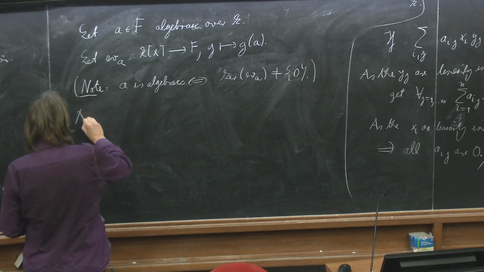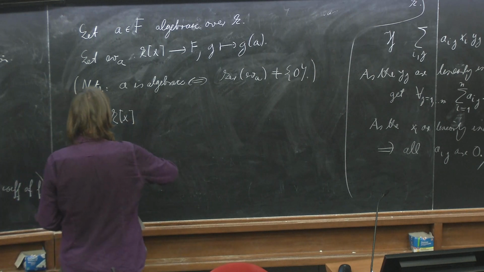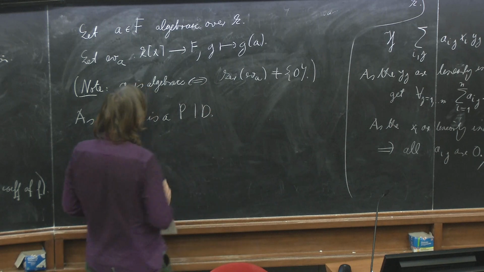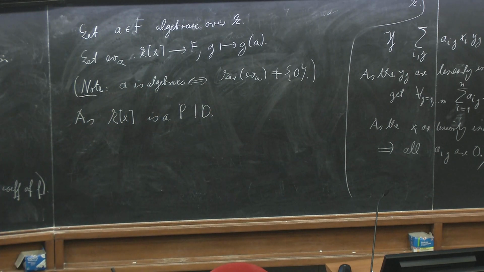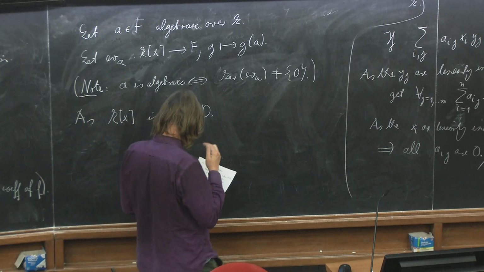So as we know that K[x] is a principal ideal domain, this kernel will be generated by a unique generator.